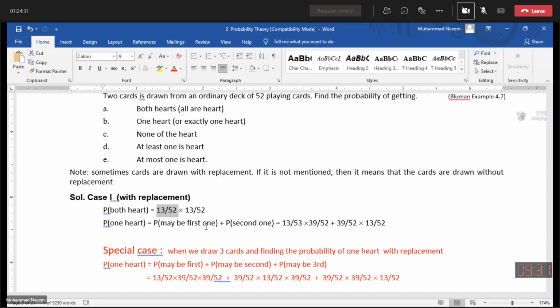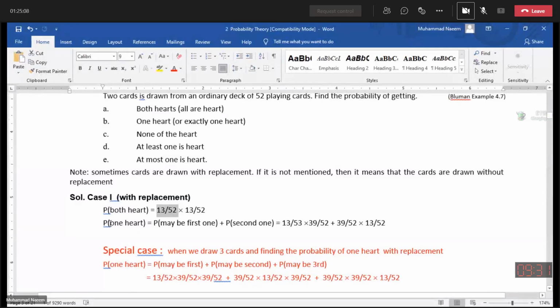Because if we divide our deck of 52 playing cards in two categories, one is heart, the other is not heart. So the heart category contains 13 cards, and the not heart category contains the other 39 cards. Remember this one. When a card is not heart, this means it is coming from the other category, which contains 39 cards.